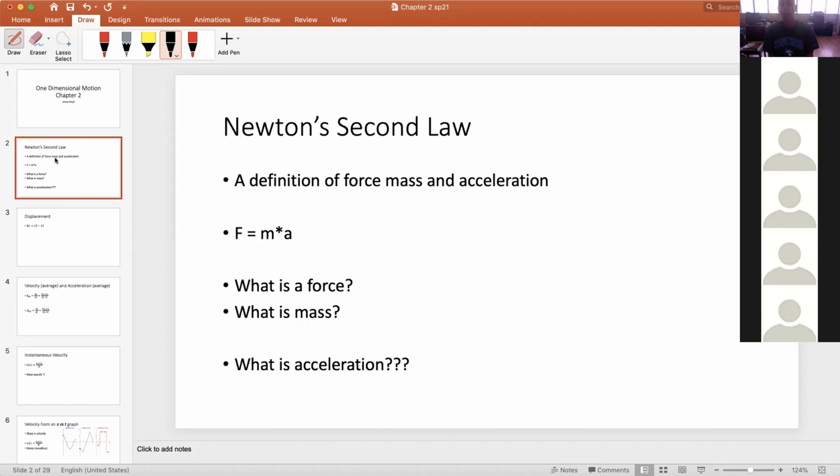But I want you to take a second to think about what those words actually mean and if you can define them. Now, a force is something that moves an object, right? That's probably the simplest way to describe it. Whenever something causes the motion of an object to change, we say it applied a force.